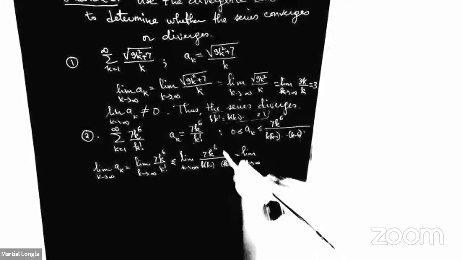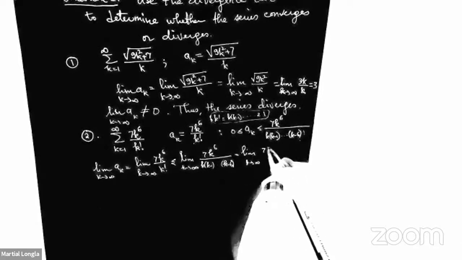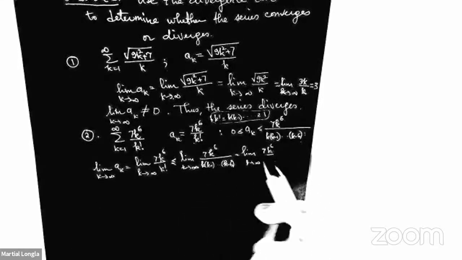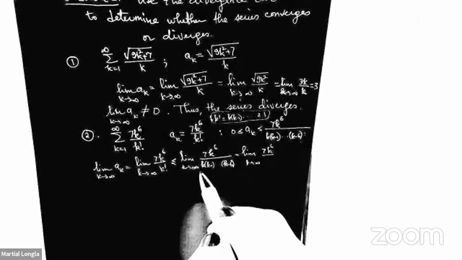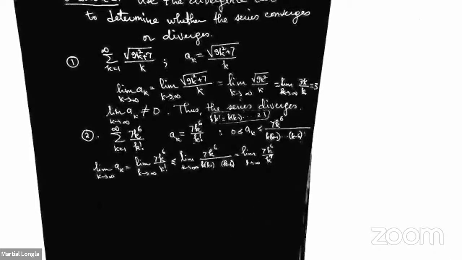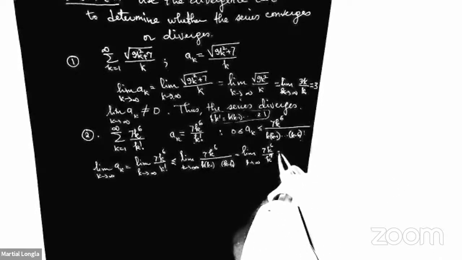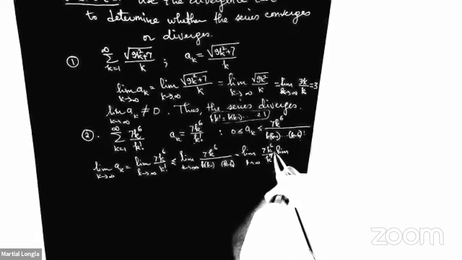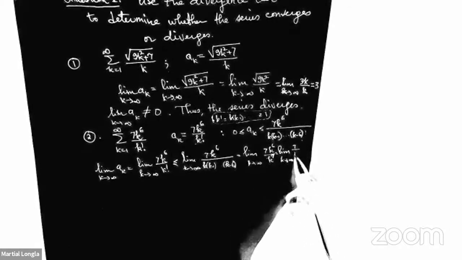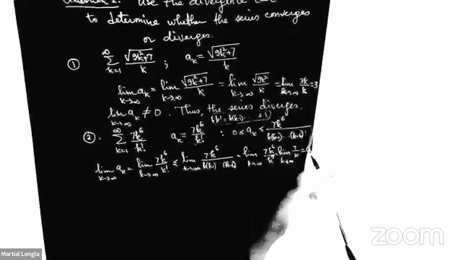It's a ratio of two polynomials, so the limit is the limit of the ratio of the highest powers of k. That's k to the 7th, and k to the 6th divided by k to the 7th is 1 over k, and the limit of 7 over k as k goes to infinity is 0.